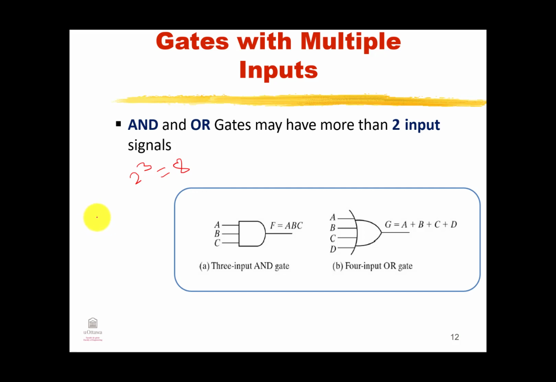So let's take a look here. I have A, I have B, I have C, and I have the output, which is F. Here 0, 1, 0, 1, 0, 1, and 0 and 1.